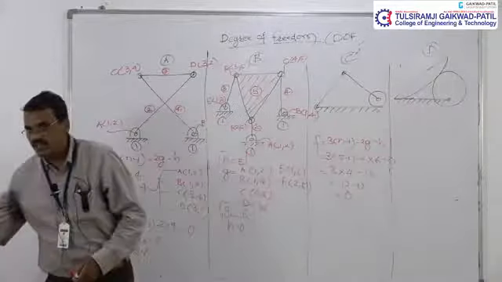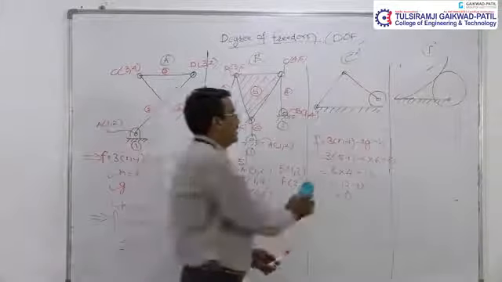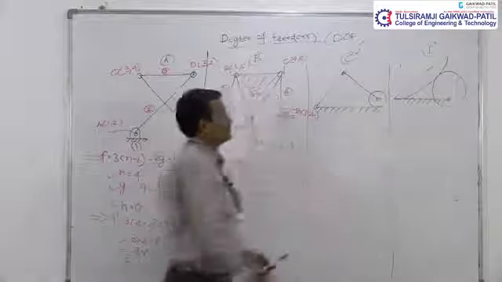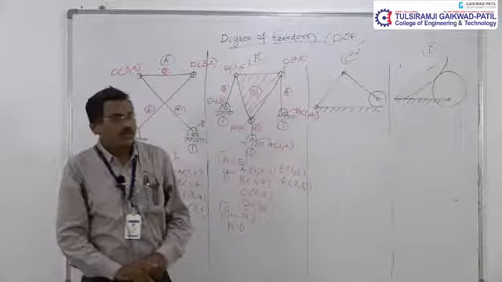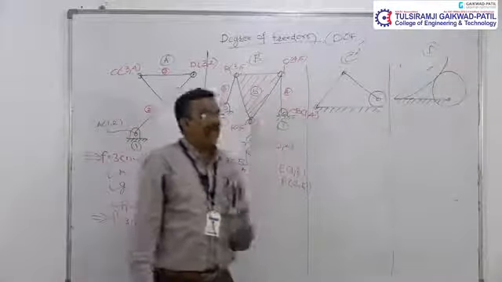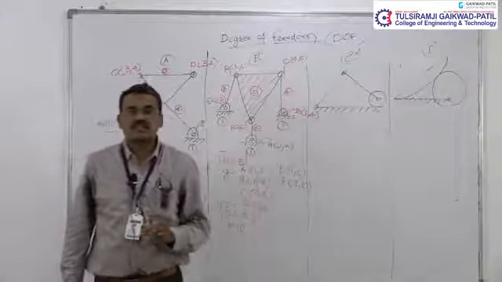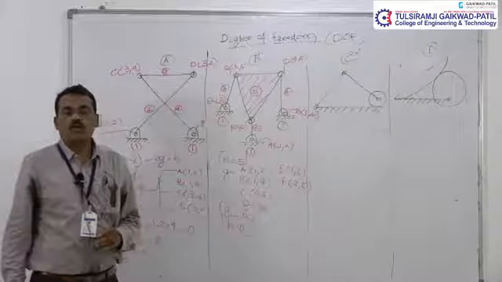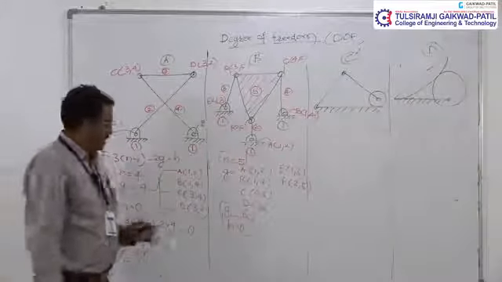Let us calculate the value of degree of freedom in a new example. As discussed, in the planar mechanisms A and B, the value of higher pair is 0.